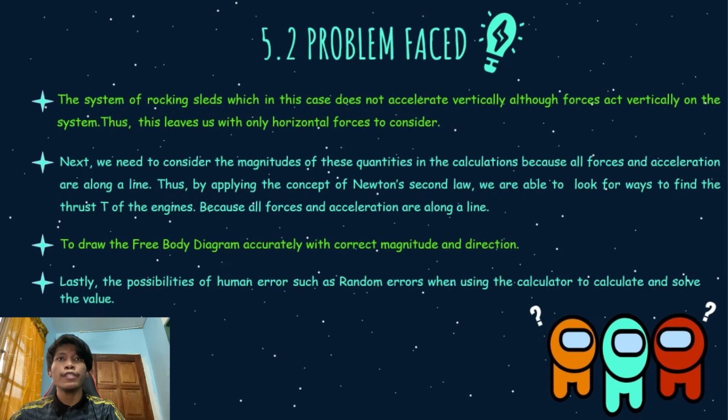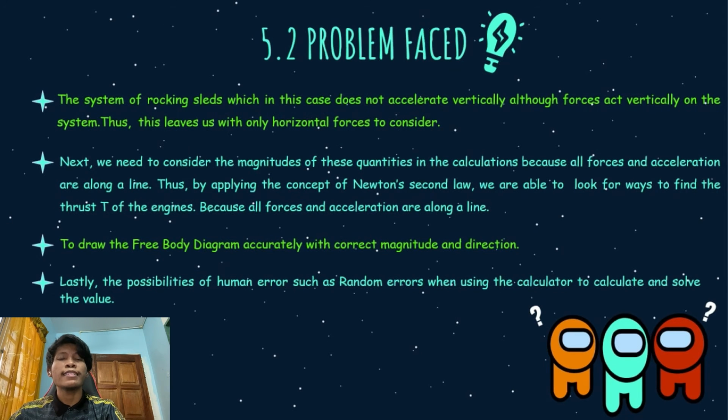Next, we need to consider the magnitude of these quantities in the calculation because all forces and accelerations are along a line. By applying the concept of Newton's second law, we are able to find the thrust of the engine.